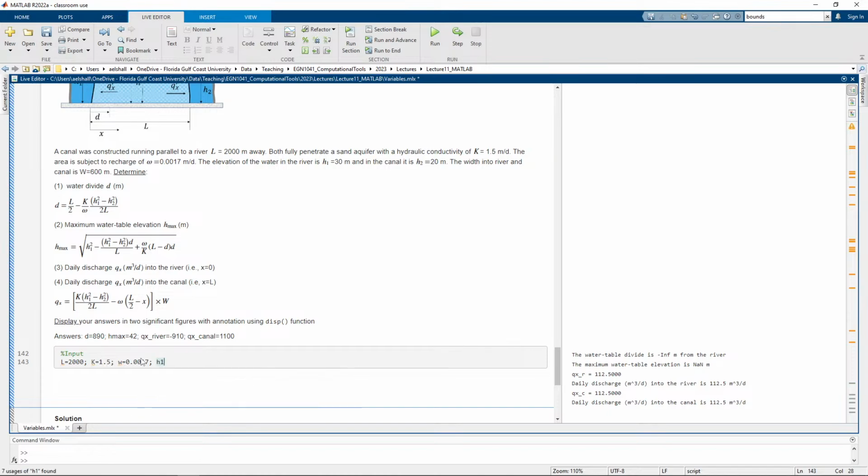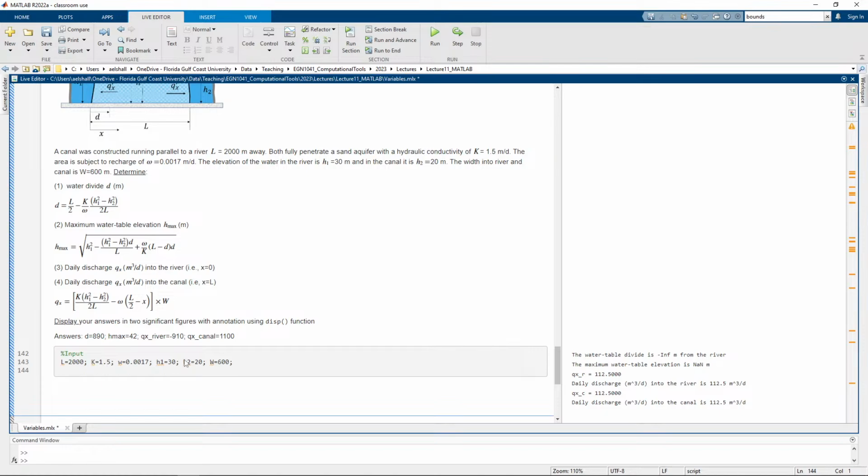For H1, I could also use H_1, since underscore is permissible in naming a variable, to improve readability, like a subscript, but it's easier just to write H1. So that'd be 30, and H2 would be 20, and the width, let's call it capital W, 60.